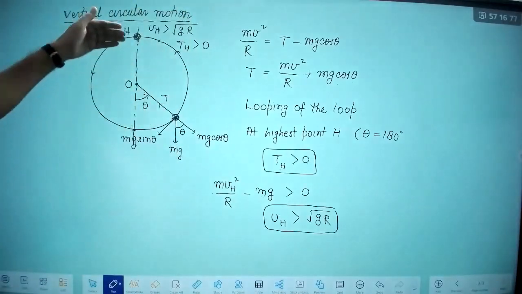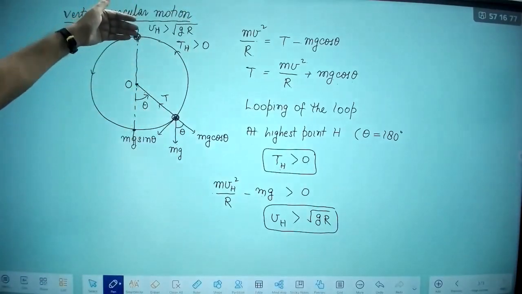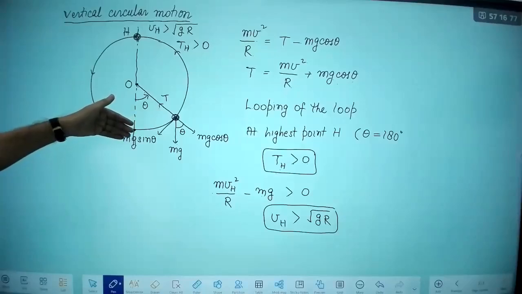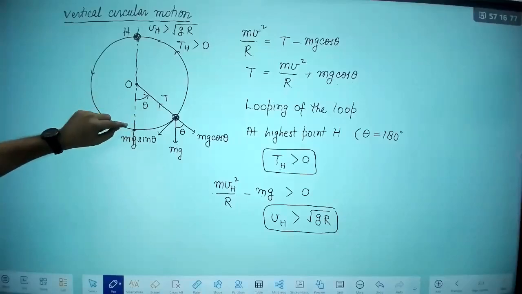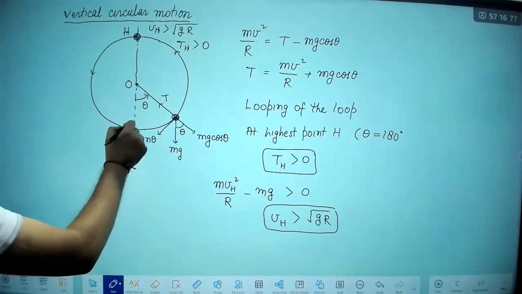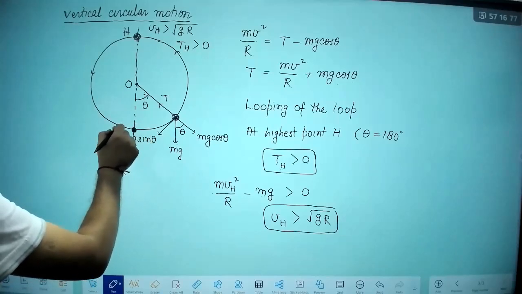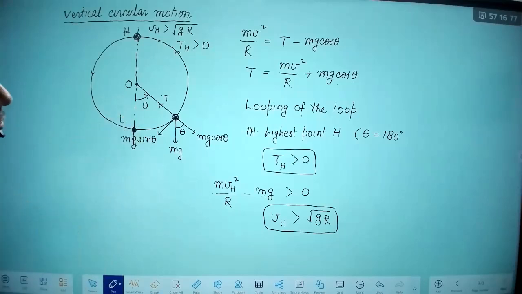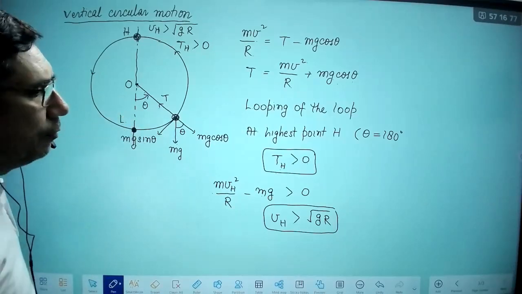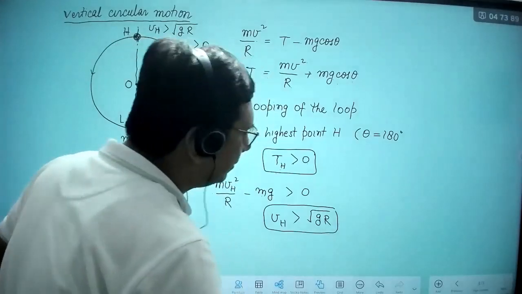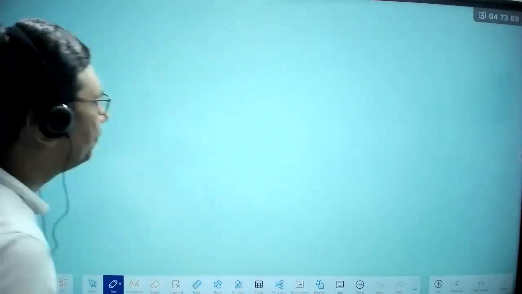Now with the help of this condition at the highest point, we can find out the condition of the velocity as well as tension at the lowest point also. I call this point the lowest point L. So what will happen at the lowest point?